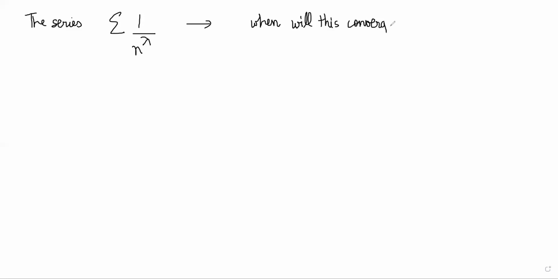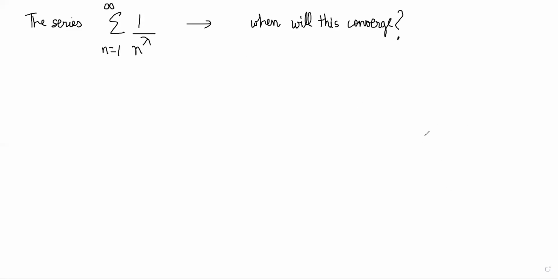If you have a series like this, suppose the series summation 1 by n power lambda. We have to understand when will this converge? When will this converge? So here n goes from 1 to infinity.